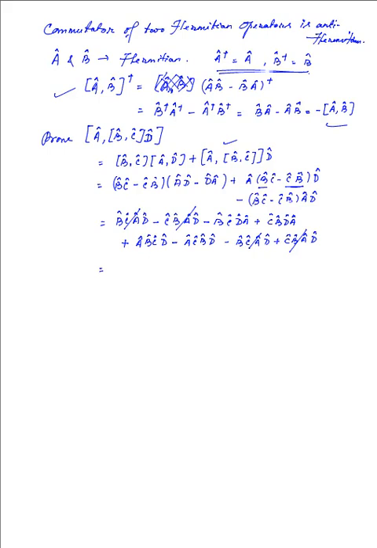So we write the pluses first and the negatives after that. So we have ABCD plus CBDA minus BCDA minus ACBD.